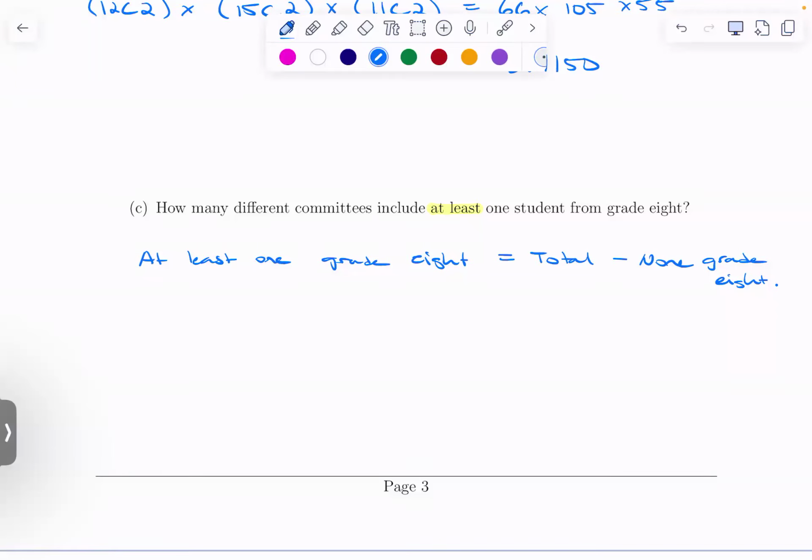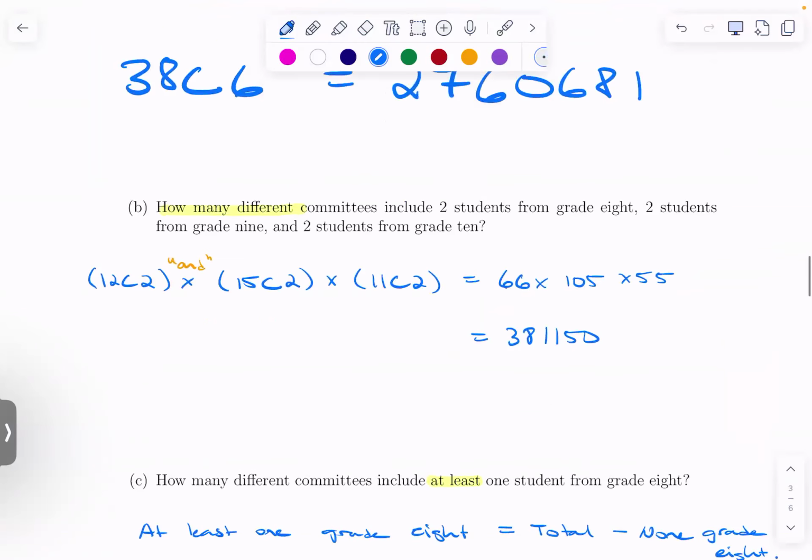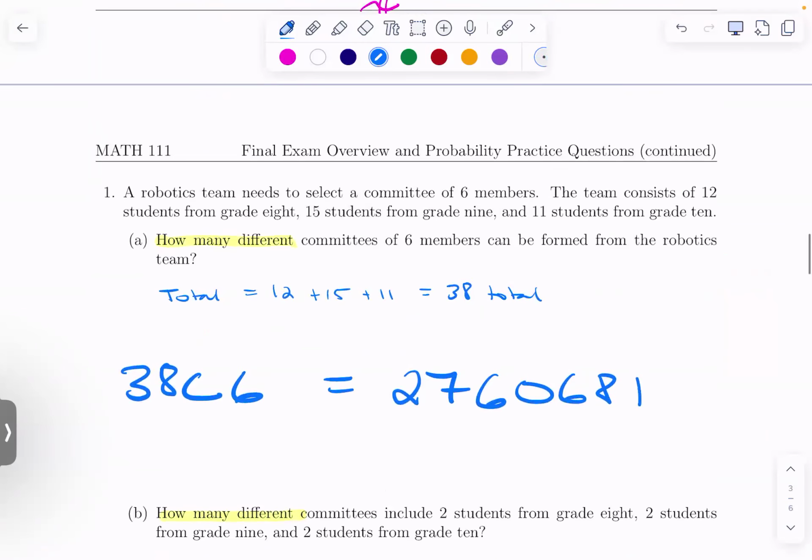If you remove the grade 8s, the total possibilities was 38 choose 6. And then if I subtract all the grade 8s from that 38, and how many grade 8s did I have?